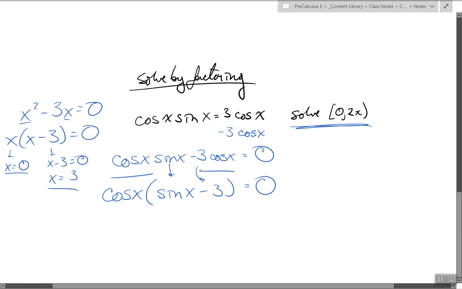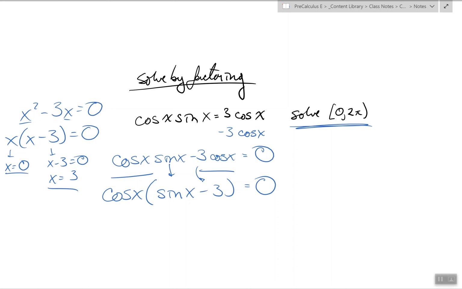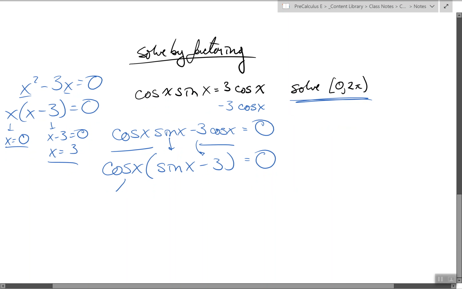We are left with sine minus 3 as the other factor, and that is all equal to 0. Just like the quadratic example I've got over to the side, we want to take each of these pieces and individually set them equal to 0. So either cosine x is equal to 0 or sine x minus 3 is equal to 0.